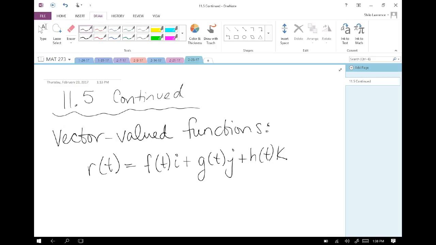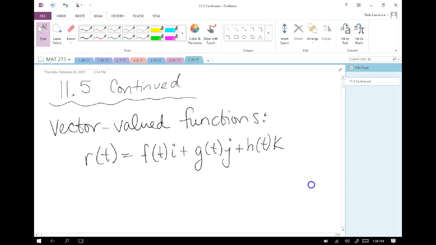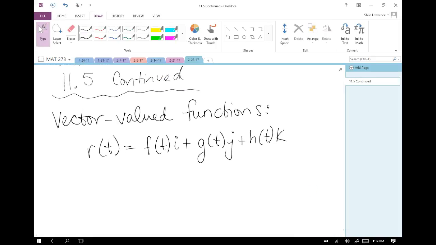So we started talking about vector valued functions last time. These are vectors, but they have functions of t as their components. All of the vectors that we have been dealing with up to this point have had constants or scalars as the components. And so far what we've talked about is the domain.